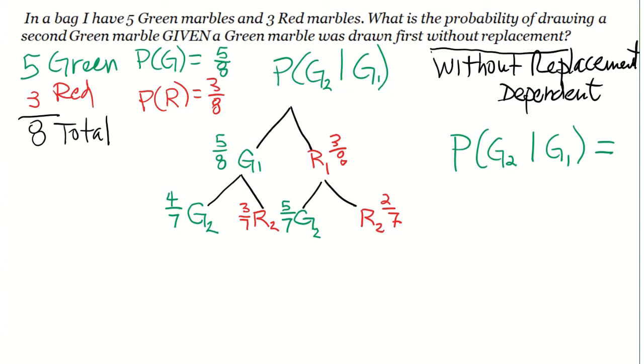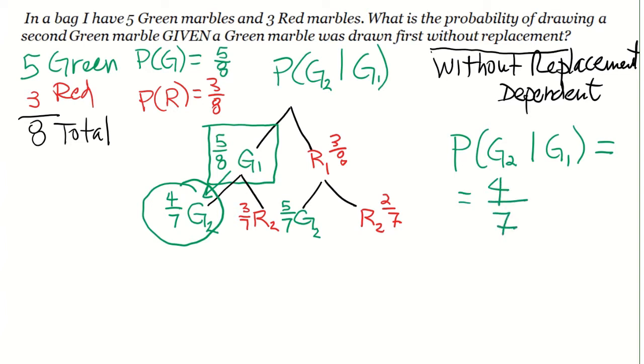What this is saying is that on my first try, I drew a green. So this is what I'm given. And I want to know what is the likelihood that I'm going to draw another green. And that's this probability right here. The probability of drawing a second green when I drew a first is just 4 over 7.